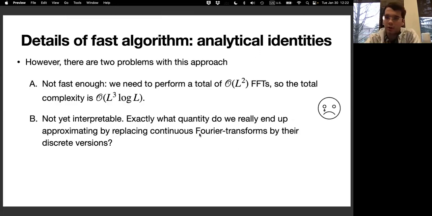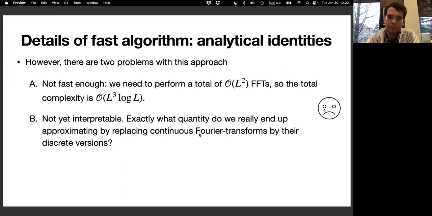First of all, it's unfortunately not fast enough. I'll show later that we don't have to do too many FFTs, but with this approach we have to use on the order of L squared FFTs of size L. So we end up with something that's L cubed log L. And that's too slow. We wanted L squared. So this is not good enough yet.